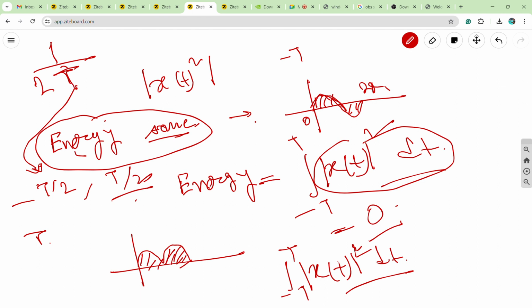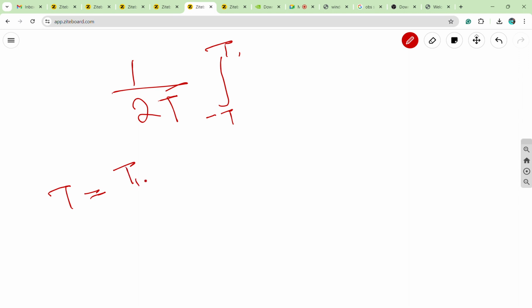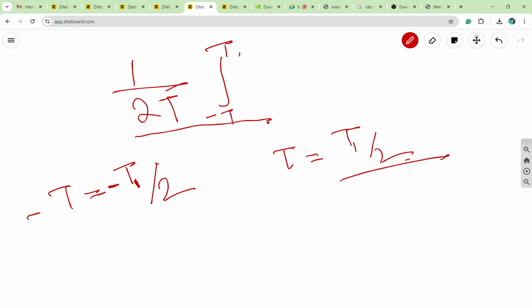I'm again saying it is just a generalized version. To clear your doubt, this is my generalized function, minus t to t. Now you are saying t is equal to some period t1 by 2, so minus t is minus t1 by 2, and plus t is t1 by 2, right? It is the generalized format.